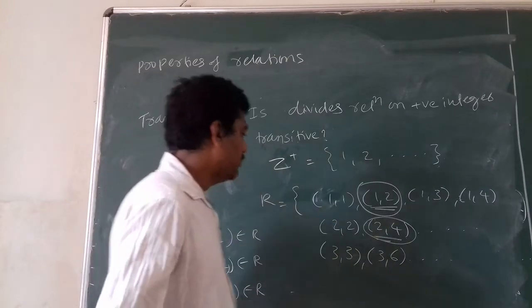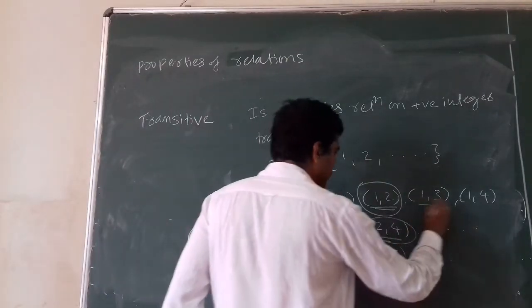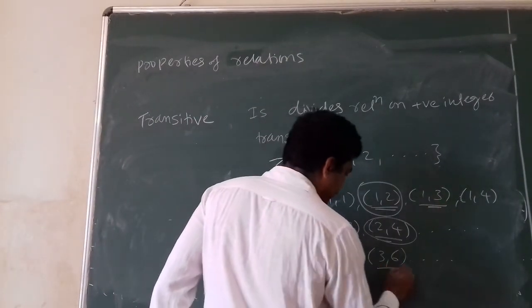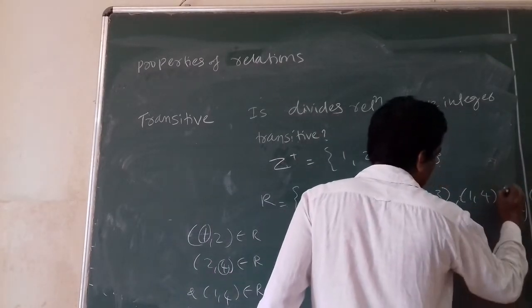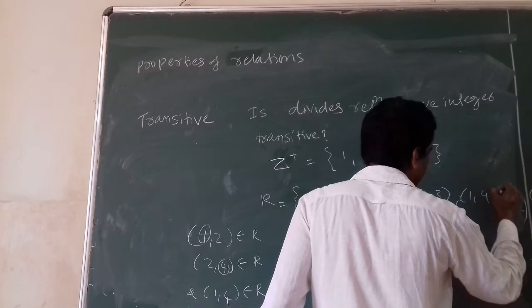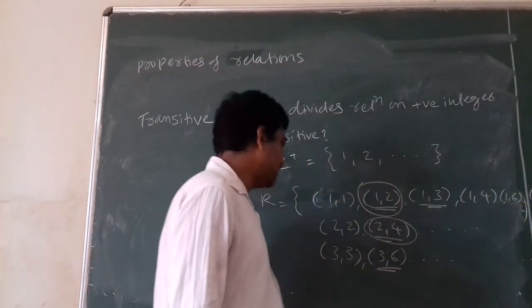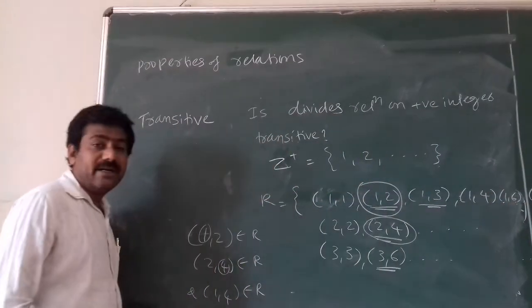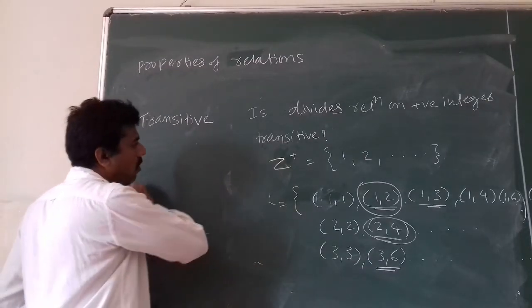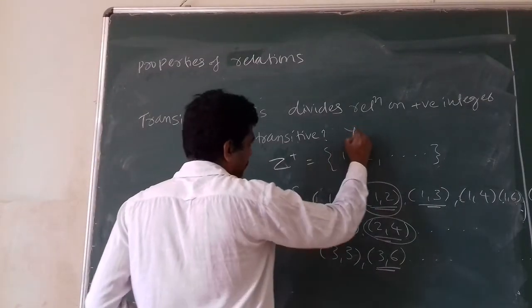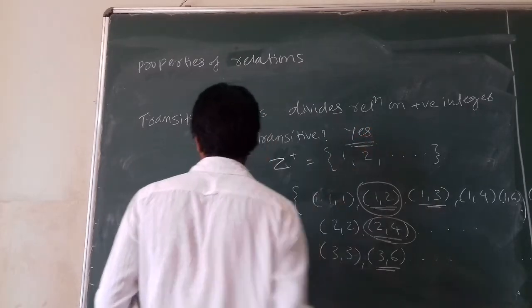You can apply this in order, that is (1,3) is there and (3,6) is there, so obviously (1,6) is also there. So this relation is a transitive relation. Yes, it's a transitive relation.